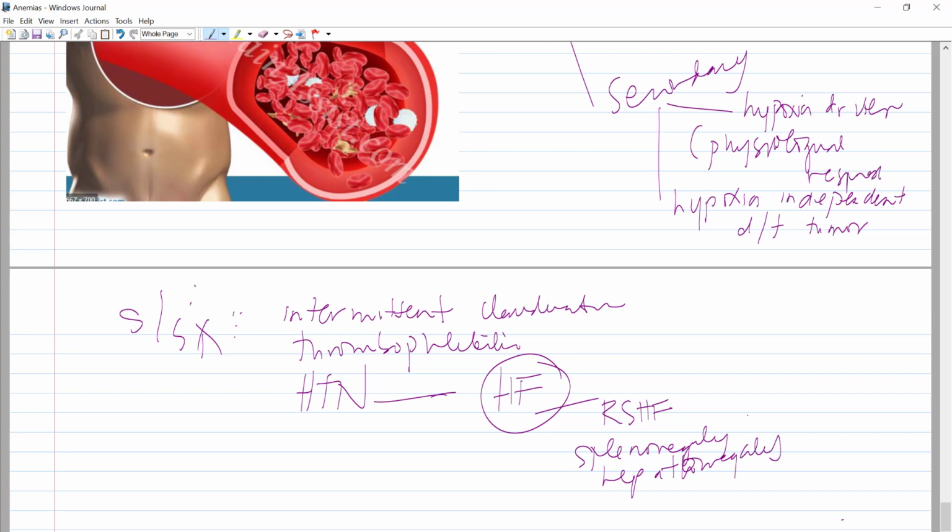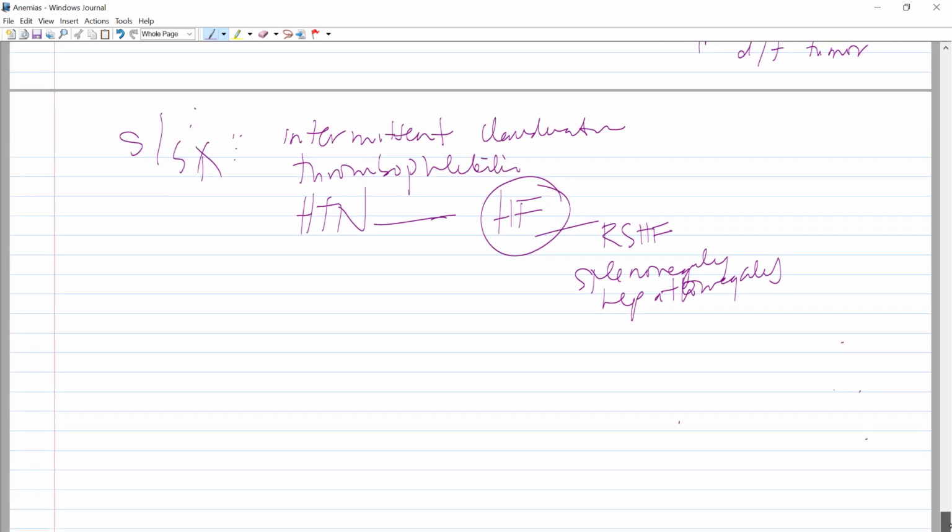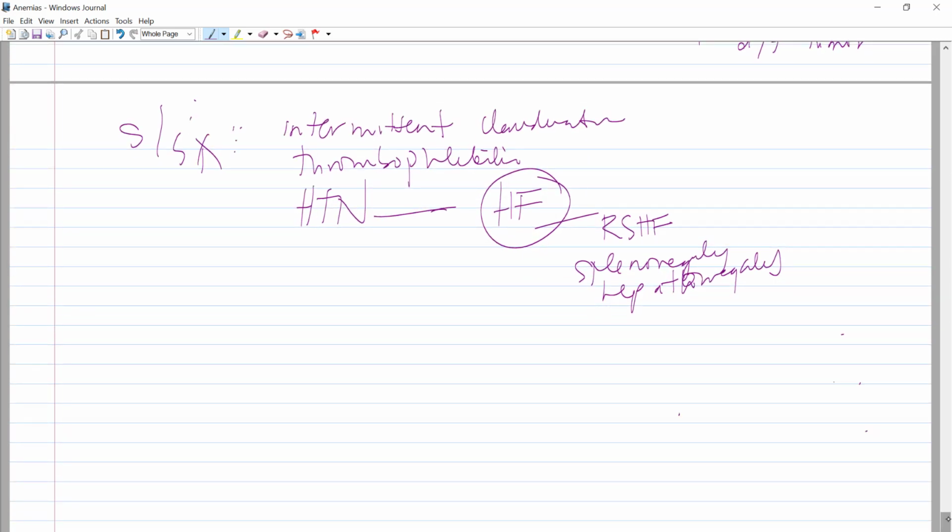Okay, and since the RBC level is really high, there's a possibility that there will be destruction and production of RBCs. So you have to check the uric acid level, because there's a tendency that the uric acid level will be elevated, and this is due to high RBC production and destruction. Okay, so your patient will have hyperuricemia.